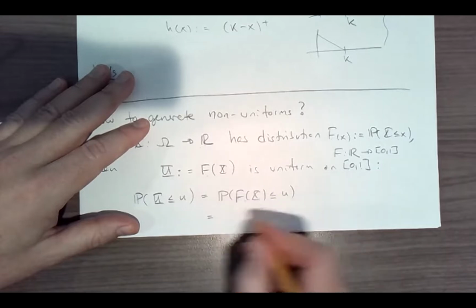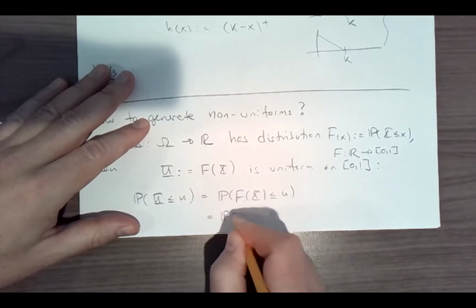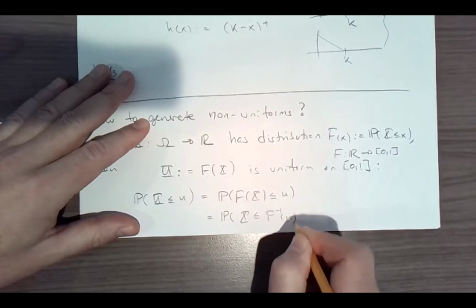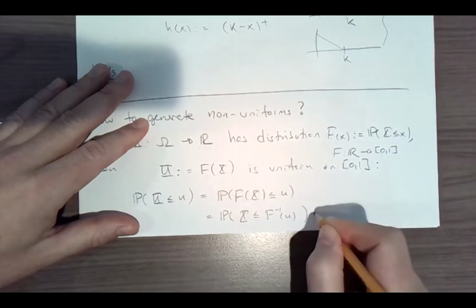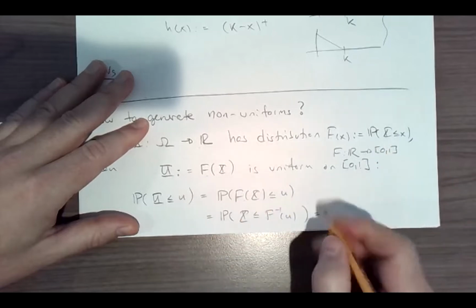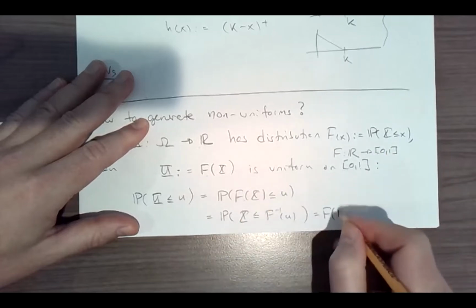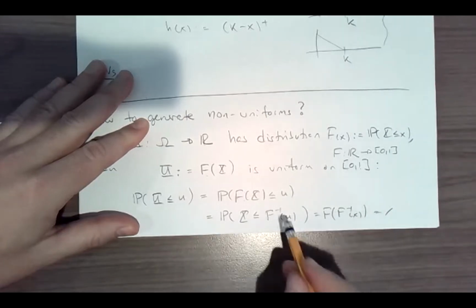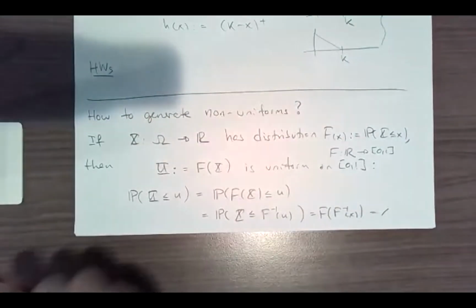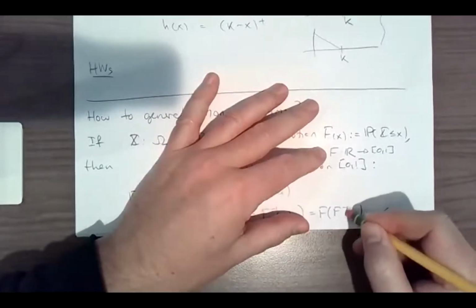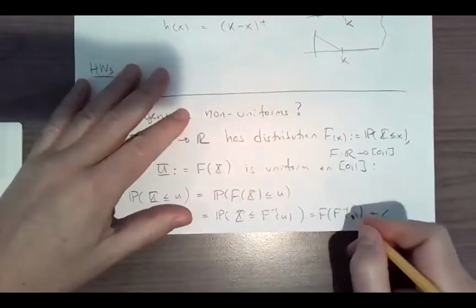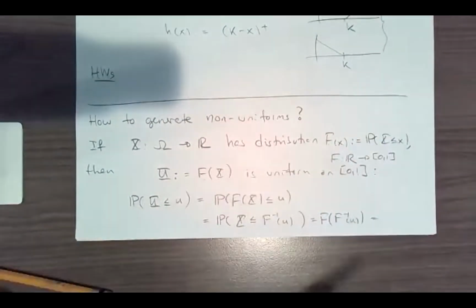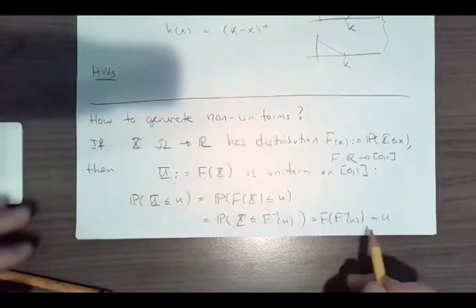So say there is an inverse function, then you get the probability that X is less than F inverse of u. This will be the distribution function evaluated at F inverse of u. There's no x, there's only a u, and this is going to give you u on the right hand side. So you have the uniform property.